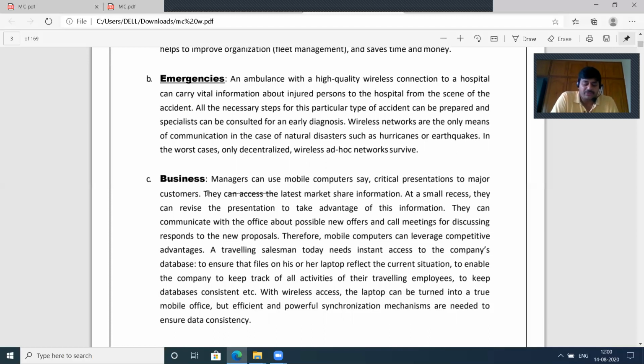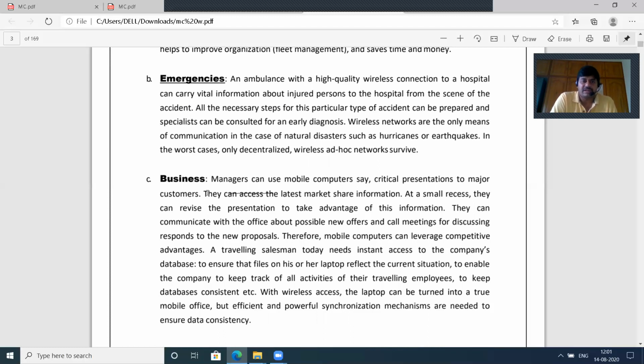Here the advanced system is, while reaching the hospital, in the journey itself, the patient information, the patient condition, and every patient information will be submitted to the hospital through communication devices in the ambulance.